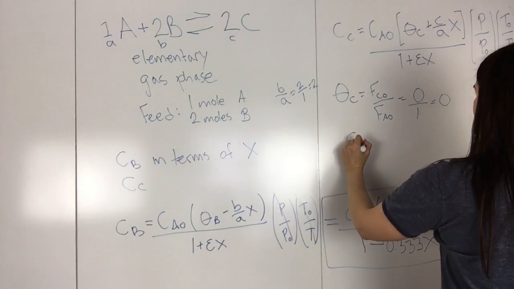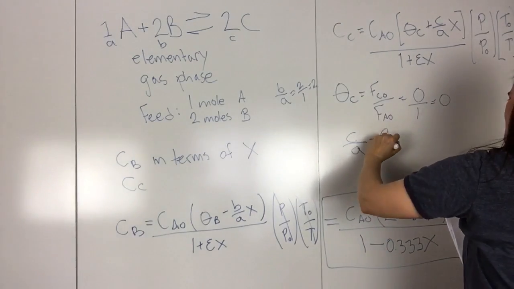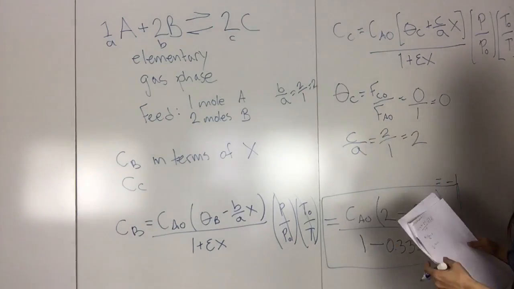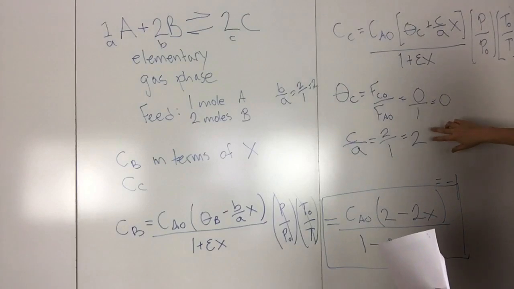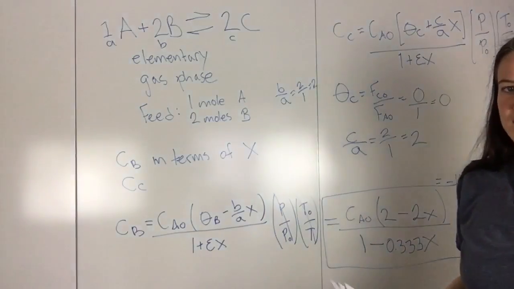And then we know that C over A is equal to 2 over 1. So then you do the same thing, just plug everything into this equation, and you have C of C.